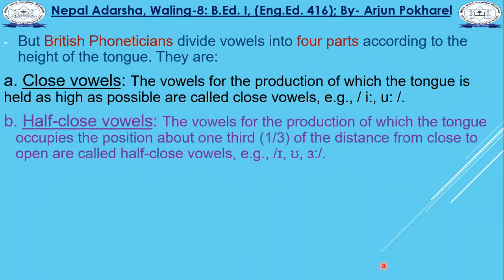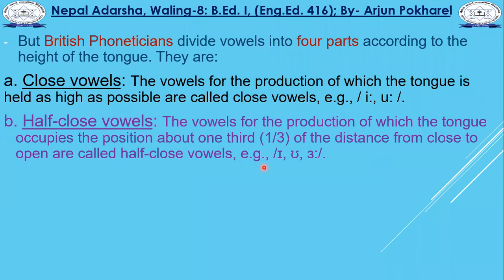Half closed vowels are the vowels for the production of which the tongue occupies the position about one third of the distance from closed vowel to open vowel. The first one is closed vowel, and the last one is open vowel. If the tongue occupies the slot one third of the distance from close to open, they are known as half closed vowels.